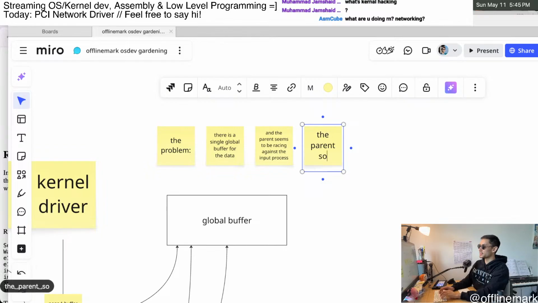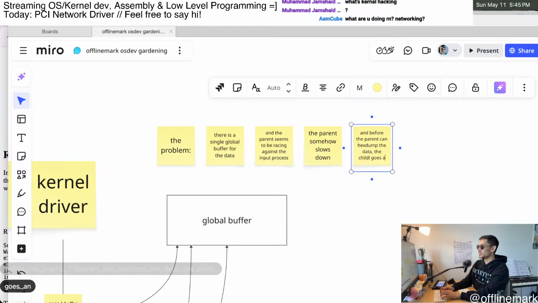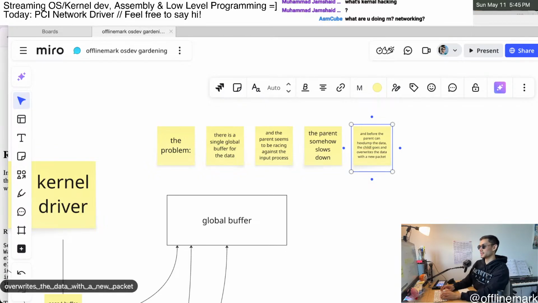The parent somehow slows down, and before the parent can hex dump the data, the child goes and overwrites the data with a new packet.